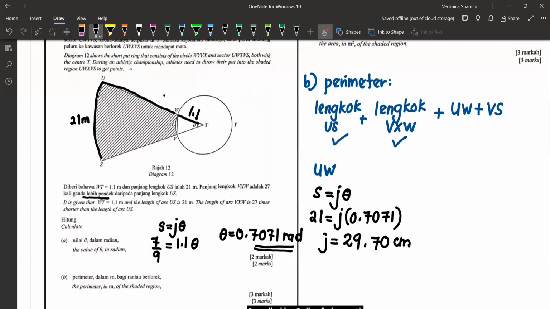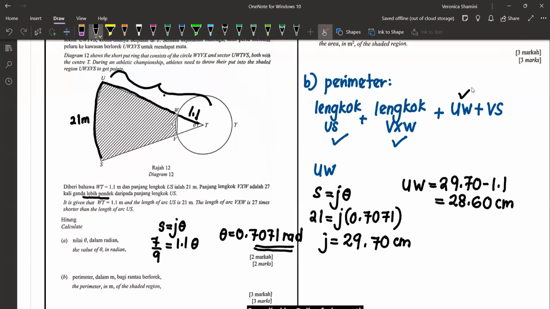cm. Maksudnya the whole thing. Tapi kalau kita nak UW ni, you take this answer, tolak 1.1 tu. Okay, I'm getting, wait, 29.70 tolak 1.1, I'm getting 28.6 cm.